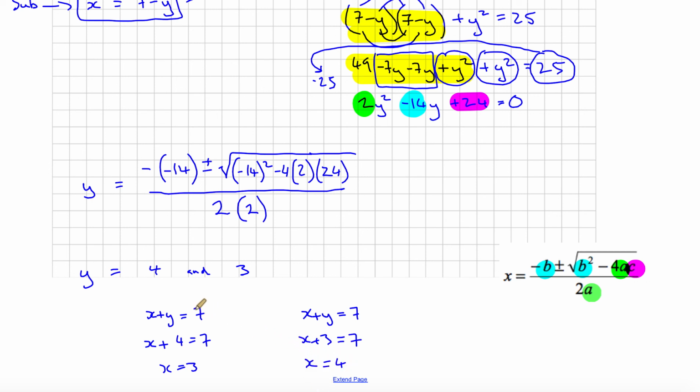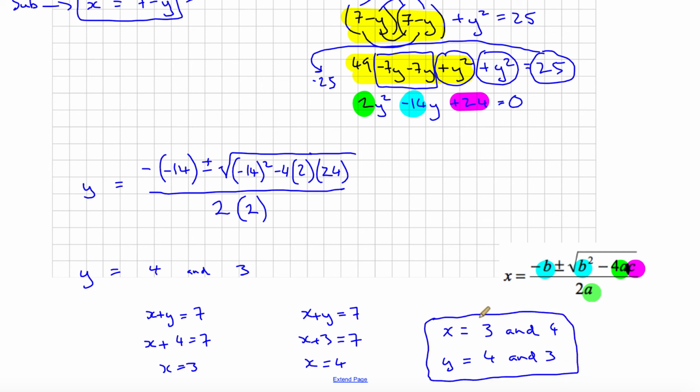So there are all my answers to the equations. So x is 3 and 4, and y is 4 and 3. That's the solution to the simultaneous equation, the end of part B and the end of question 3.